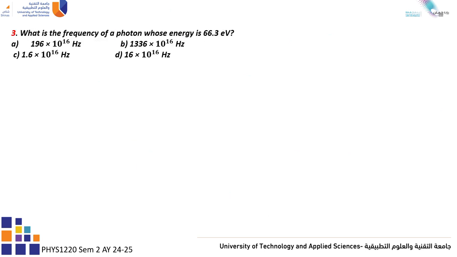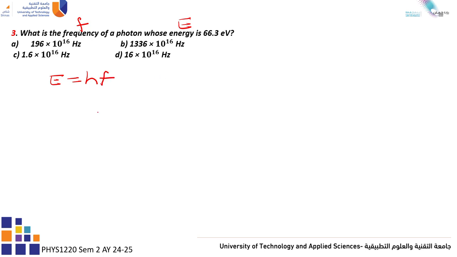Now they are asking what is the frequency of the photon. Here we have to find the frequency of the photon whose energy is 66.3 electron volt. This is given. Now we know the formula for the energy of the photon and the frequency: E equals the Planck's constant multiplied by the frequency.